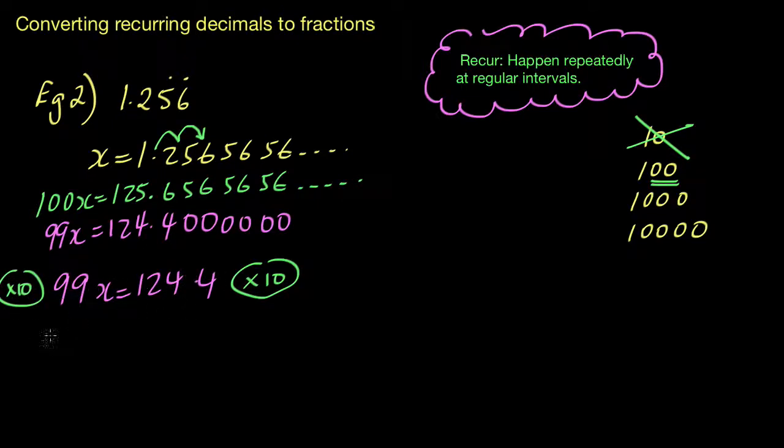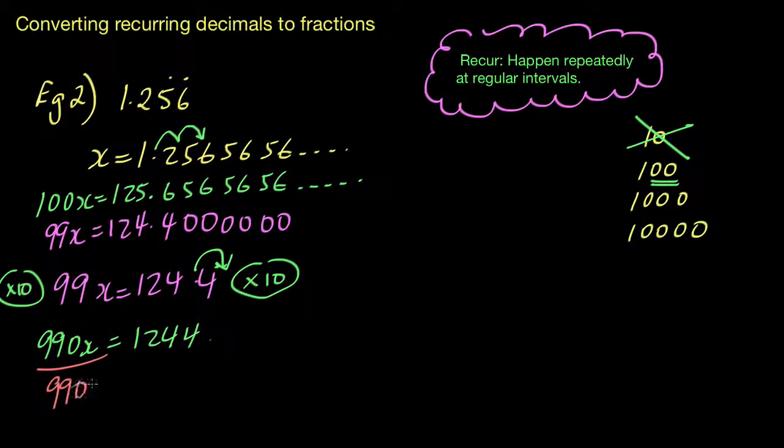So 99 now becomes 990x. And 124.4, we're going to bounce that decimal down over to here. We're going to get 1244 with our decimal there now. So there's our new equation, and now we just need to bring the 990 over to the right-hand side. So we've got 990 times x. What's the opposite of 990 times? It's going to be divided by 990.